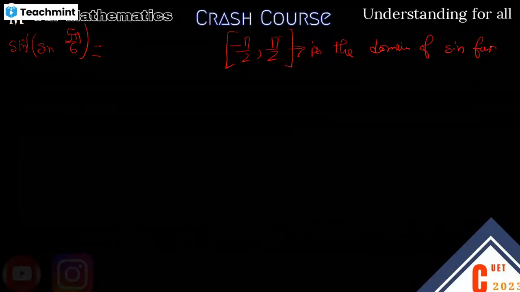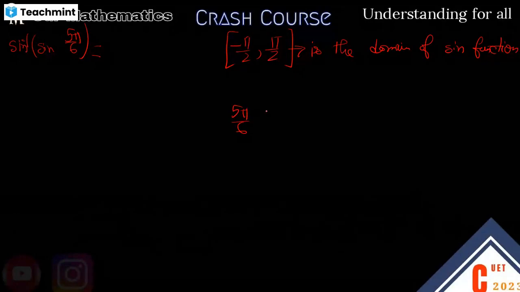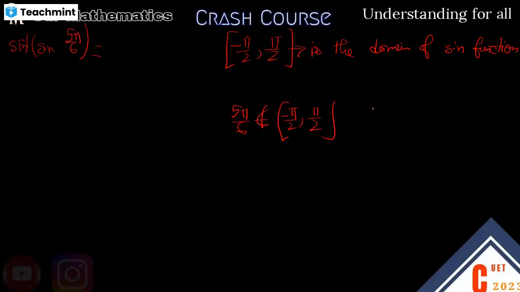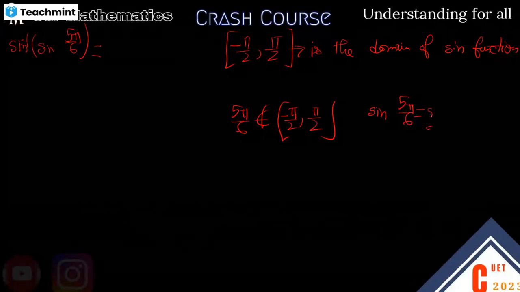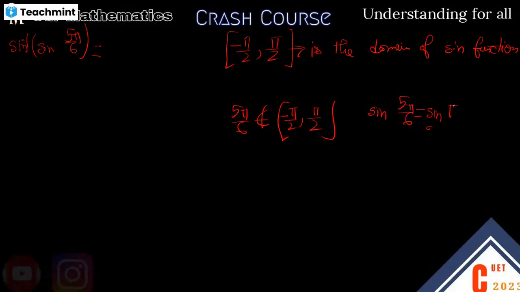Right. So now 5 pi by 6 is not in the principal domain. So what is sine of 5 pi by 6? It is equal to sine of pi minus pi by 6, right?